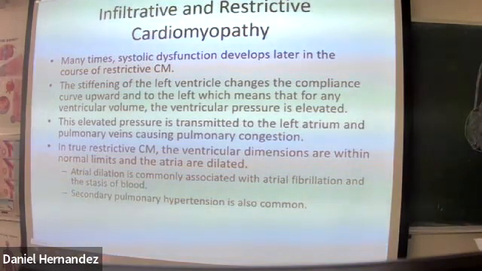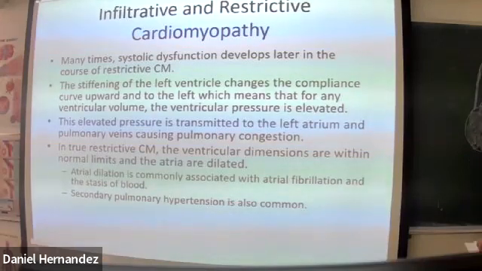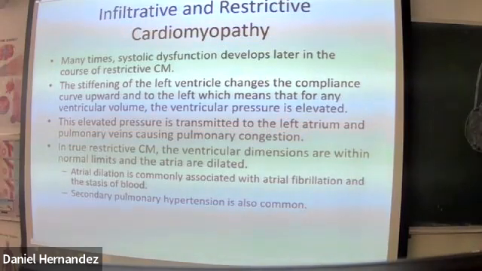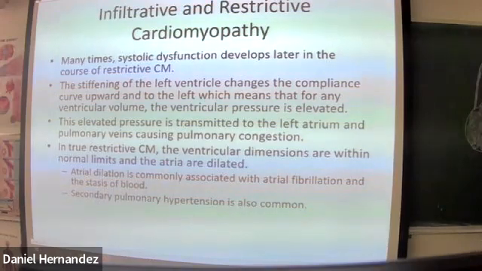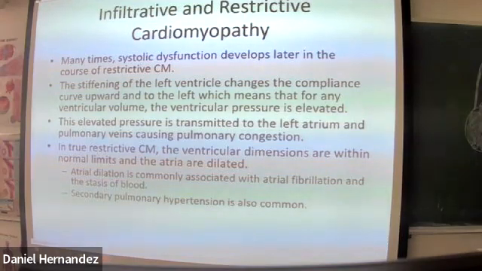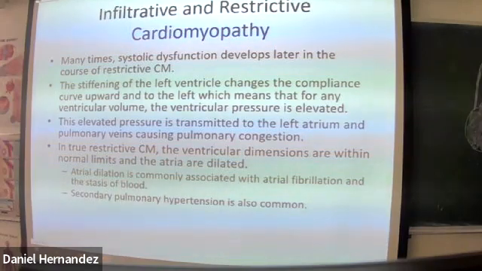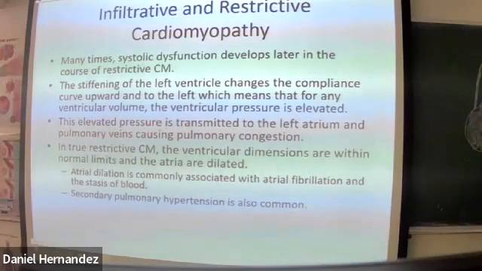during diastole, pressure is transmitted back to atria, causing dilatation.